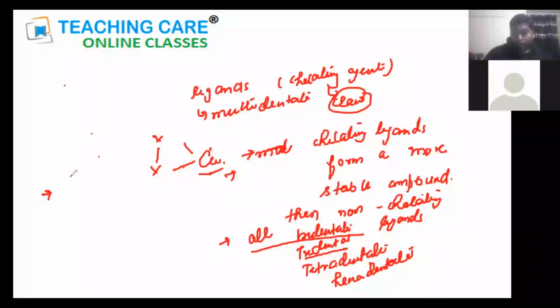The next is the carbonate ion. It is CO3 with -2 charge.